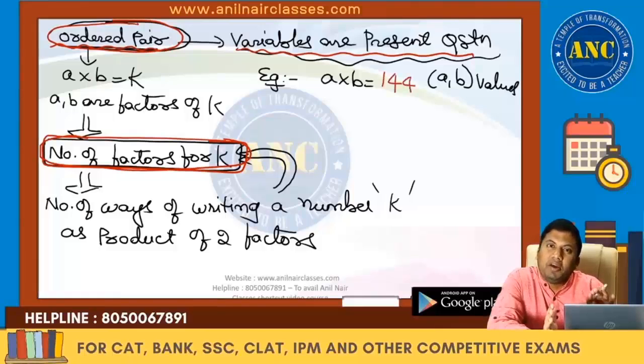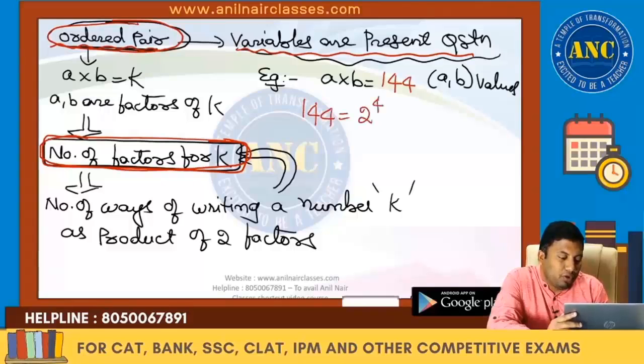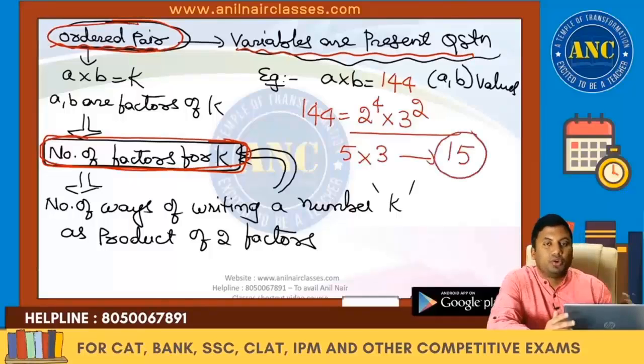In an ordered pair, whether it is a perfect square or a non-perfect square, the answer is still the number of factors for K. 144 is 2 power 4 into 3 square. Totally how many factors? 0 to 4, 5 cases; 0 to 2, 3 cases. Answer is 5 into 3, 15.